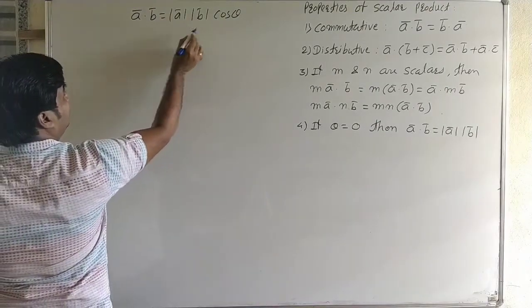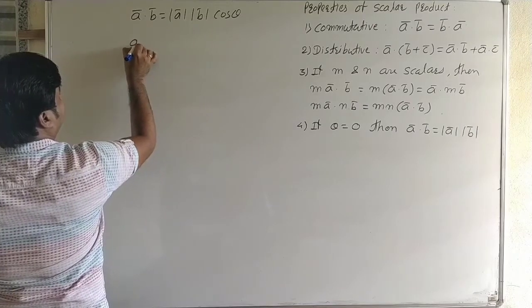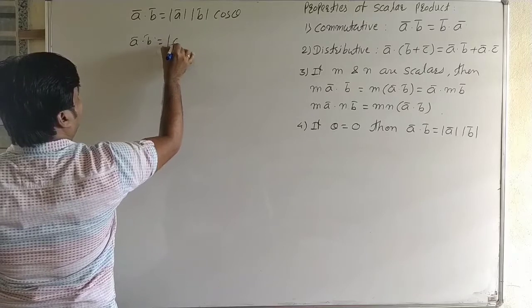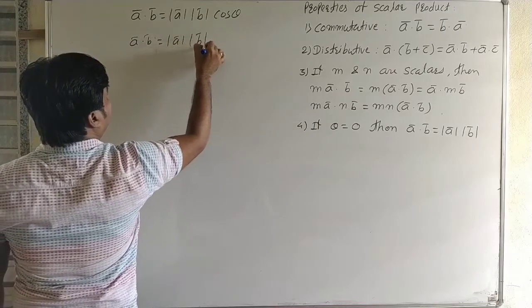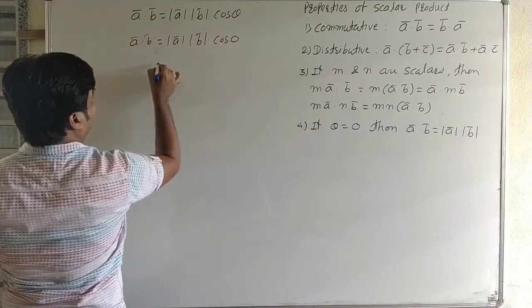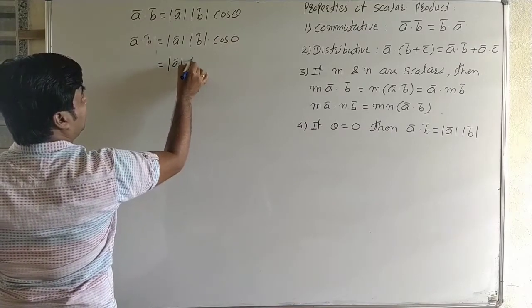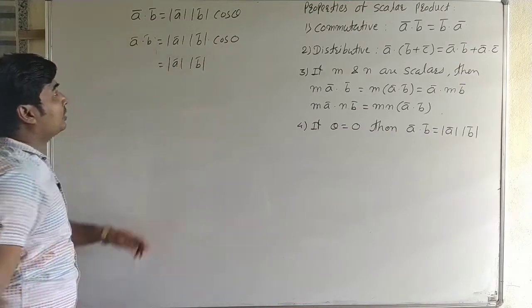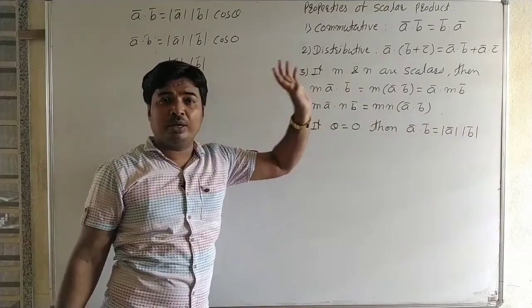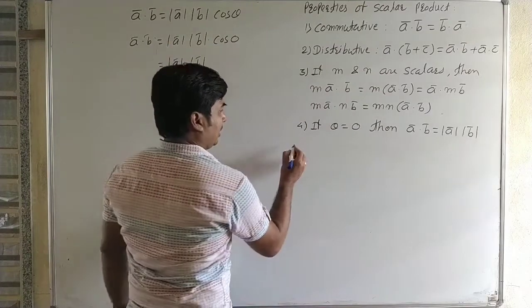Therefore a bar dot b bar is equal to magnitude of a bar into magnitude of b bar into cos 0, and cos 0 is 1, therefore it is magnitude of a bar into magnitude of b bar. So a bar dot b bar, when theta equals 0, is magnitude of a bar into magnitude of b bar.